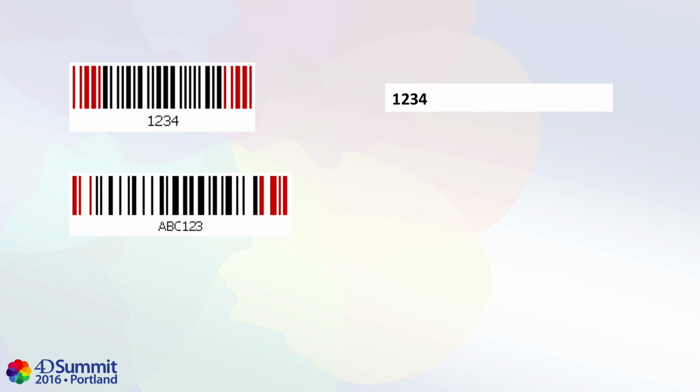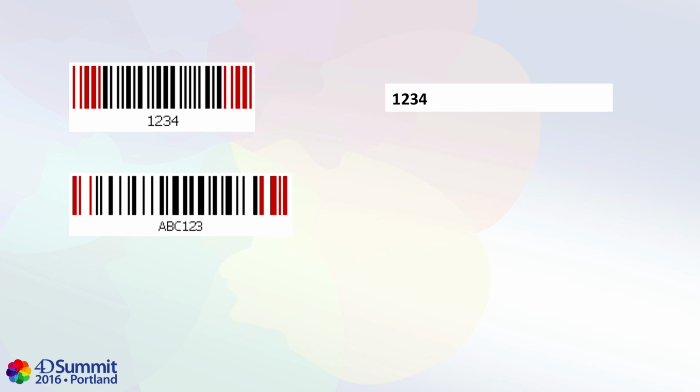This particular instrument takes three types of codes. This is code 39, which has no special characters and no calculation. So when I scan this one, it will give the text 1, 2, 3, 4. Now for code 128, this one allows uppercase and lowercase, and also numbers.